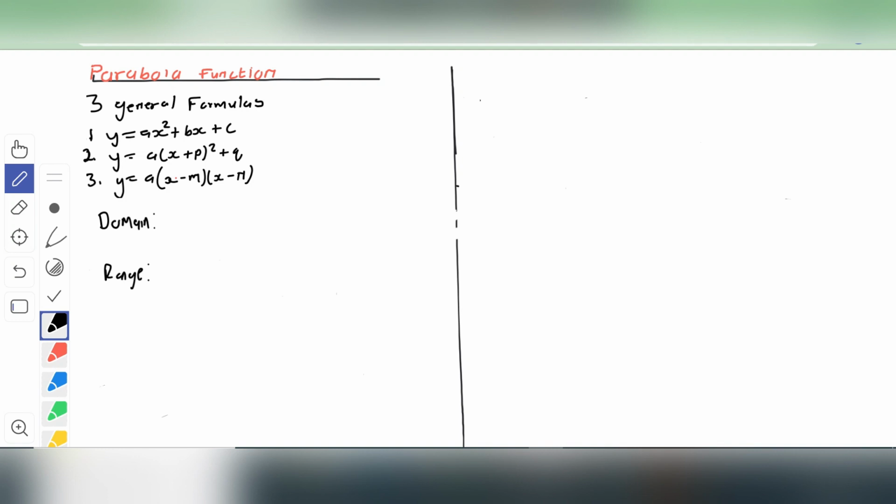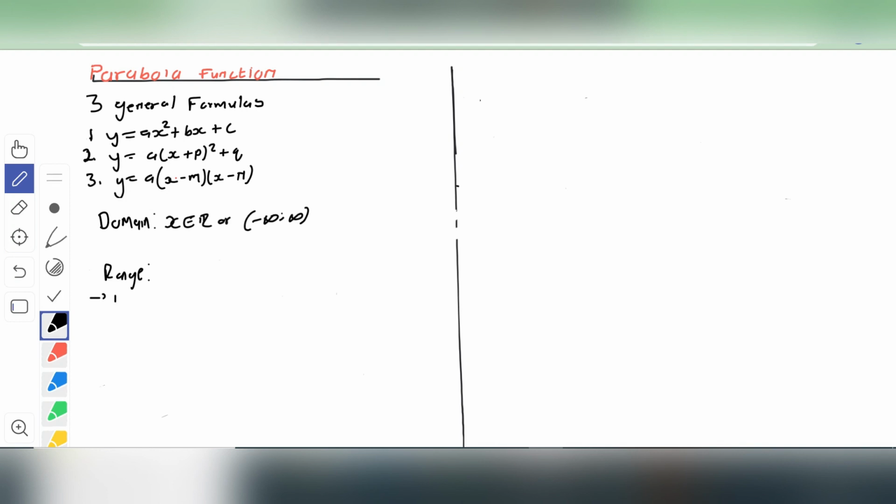For the domain of a parabola, always x is an element of real numbers, or you can just say negative infinity to positive infinity, right? And for range, guys, let me write this down.